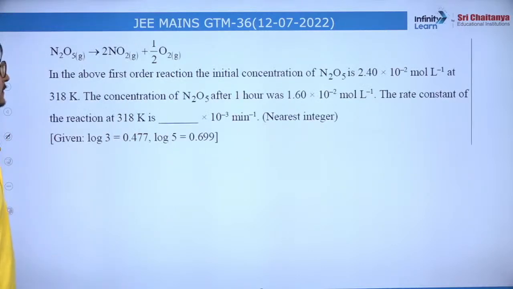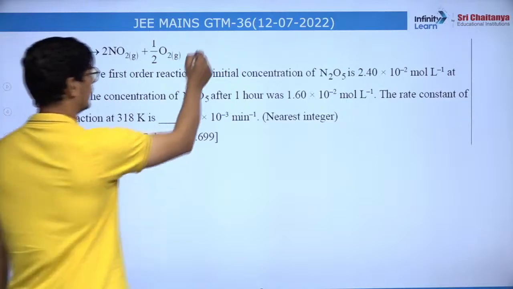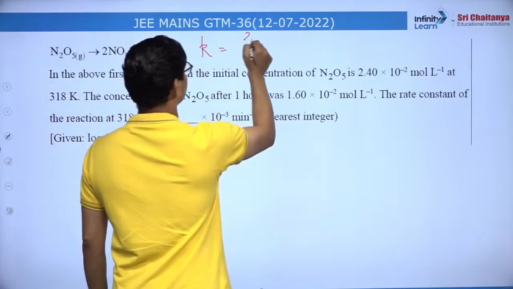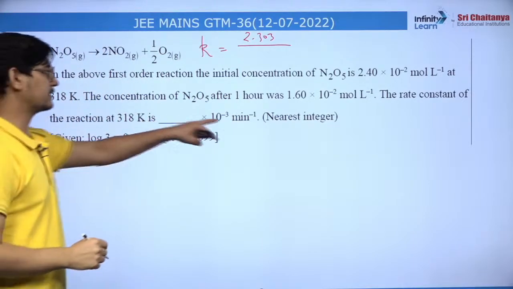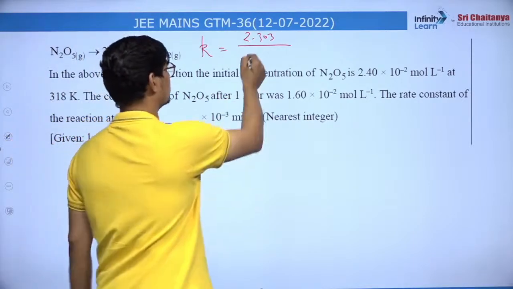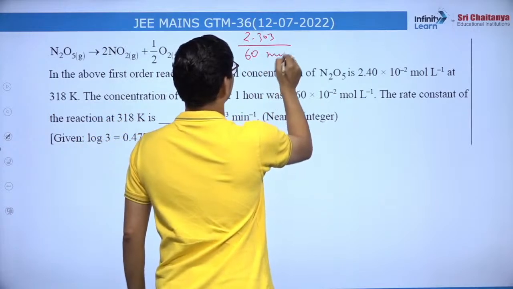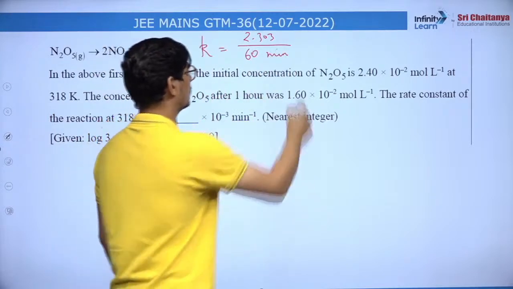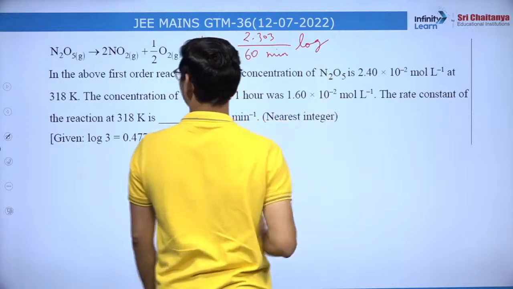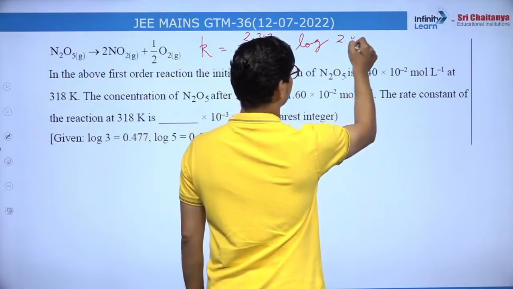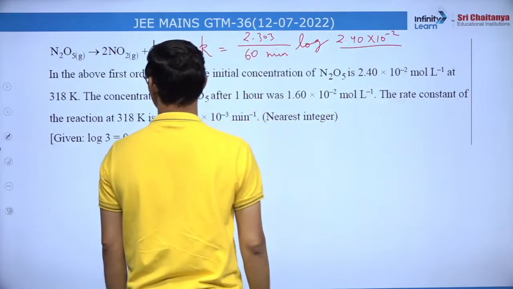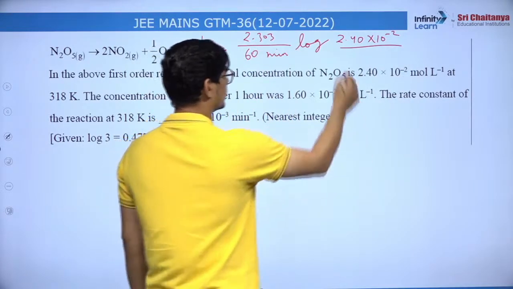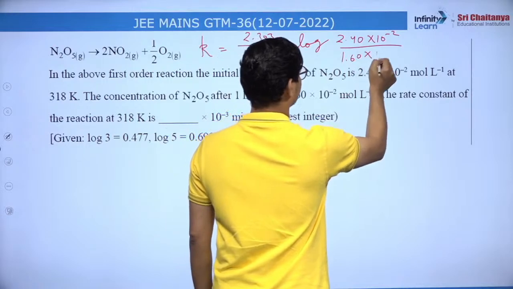Then in this case, you have to calculate the rate constant. So rate constant is 2.303 divided by time. Okay, the rate constant is reported in minutes. So time we will put in as 60 minutes, right, 1 hour. Log of the initial concentration, which is 2.40 into 10 raised to minus 2, divided by the concentration after 1 hour, which is 1.60 into 10 raised to minus 2.